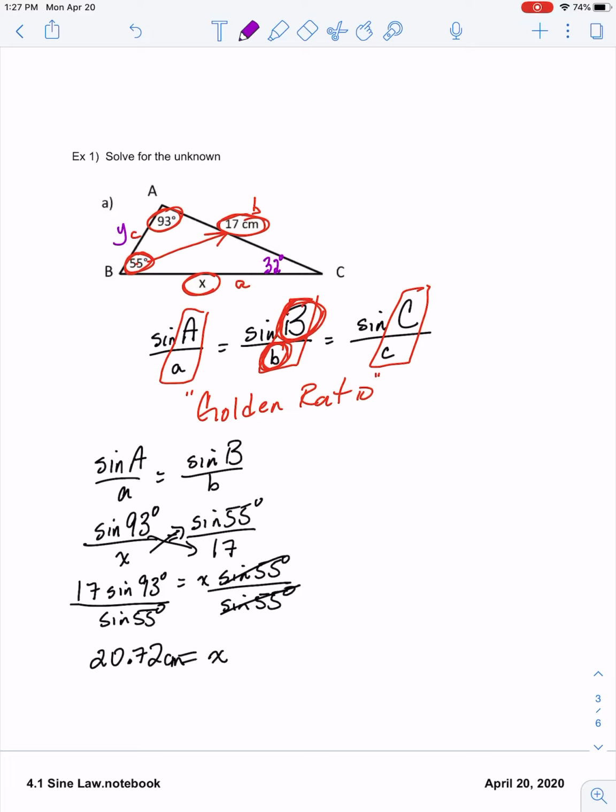Again, this time, because it's angle B and side B that I'm given in the original problem, that's the side that I want to use. I need to use that ratio.